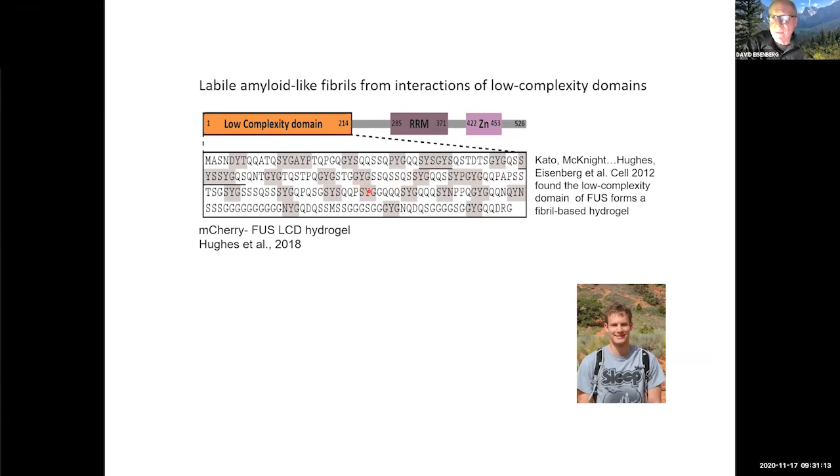And he sent it to me and asked, could we learn anything about the structure of the hydrogel? So graduate student Michael Hughes fused it with mCherry, and he found that it formed a hydrogel. Here's the mCherry fused with this domain, and it forms a hydrogel in this 5 ml beaker.